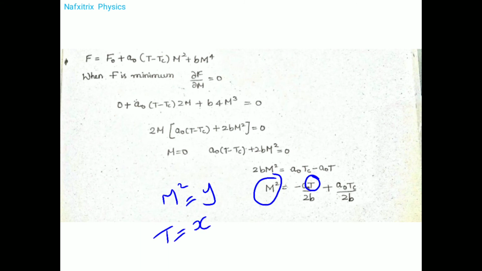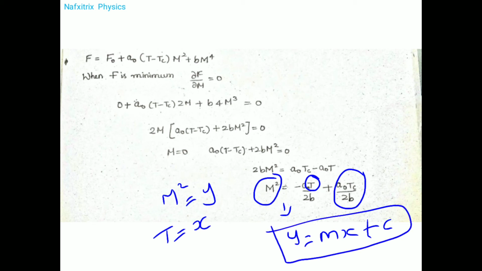So this equation would appear something like y is also mx plus c, some c. This is a constant: a naught is a constant, b is a constant, tc is a constant, so some constant intercept. So y is mx plus c, which is an equation of a straight line.